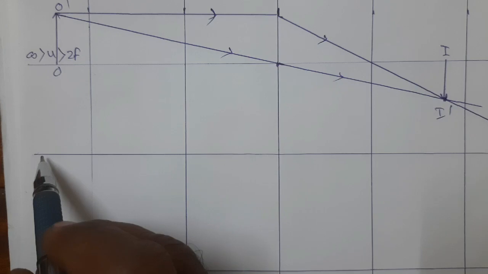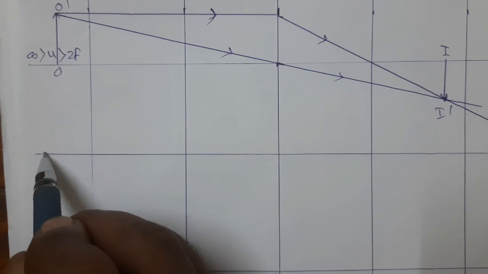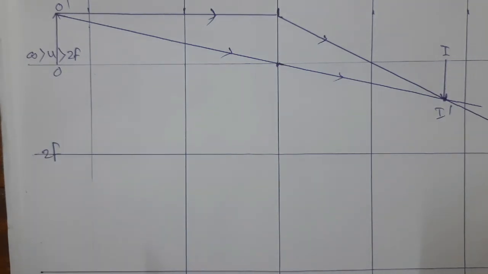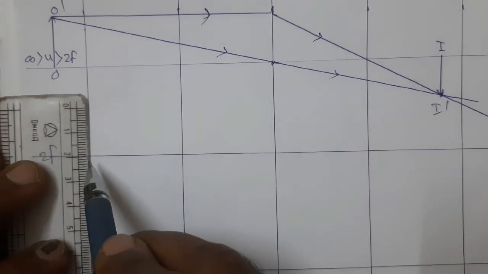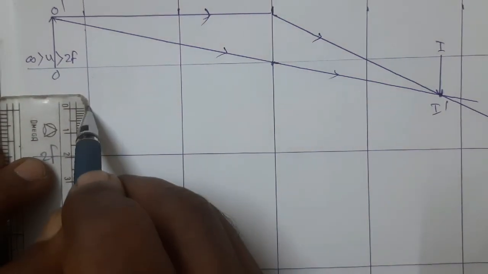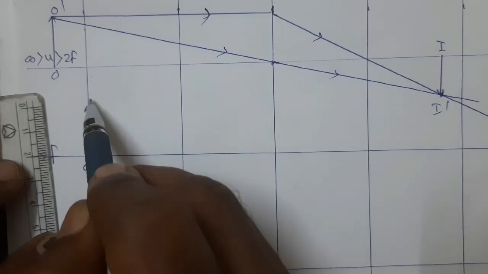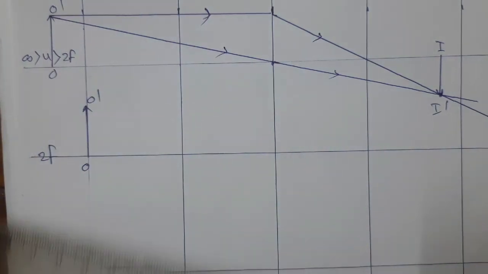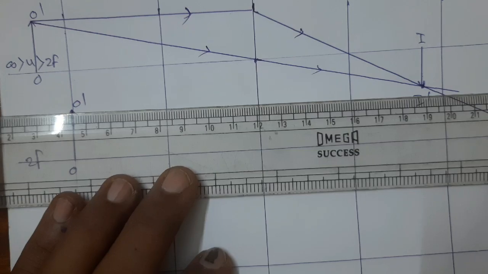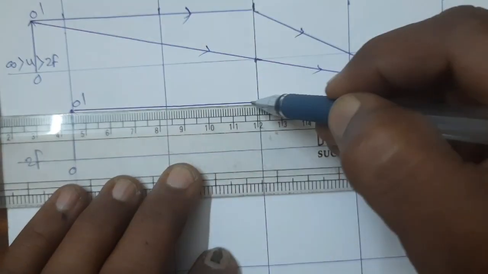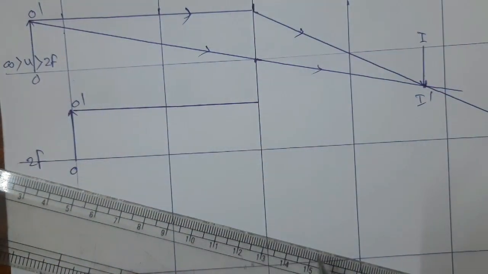For the second diagram I will treat that the object is at 2f, therefore it is exactly at this point 2f. Okay, therefore again I will keep the object at 2f, it will be the arrow O dash. Then again I will have to consider the ray which is parallel to the principal axis. Actually here there is a lens, but I will not draw this lens.